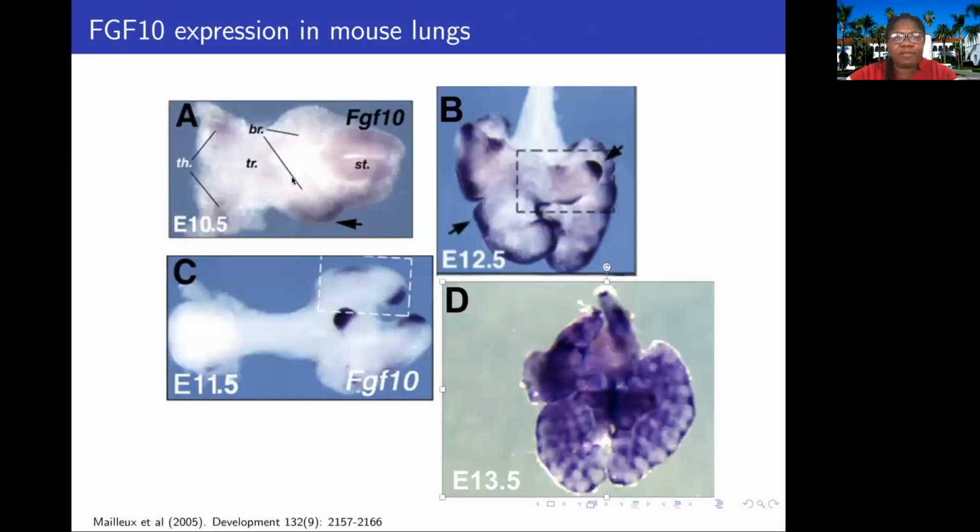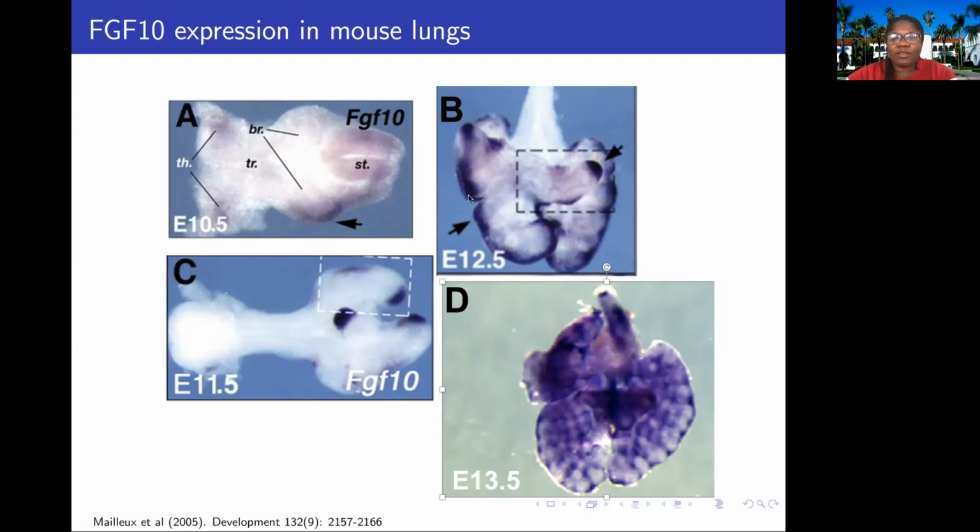Now here we have FGF10 expression in the mouse lung, highlighted here in purple. And in A we show the early stage of lung development. ST represents the stomach, and this is a mouse lung. And then the bronchi, that's the arrow, BR, and TR is the trachea, and the thyroid is shown up here.